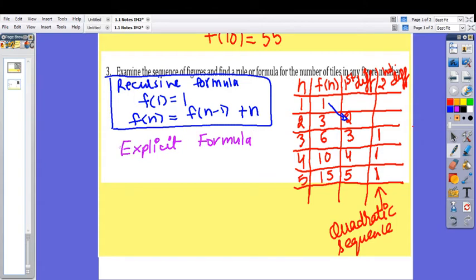Okay, so here we are, explicit formula. So f of n. Now, let's figure this out. Let's say n is 2, and then you are getting 3.